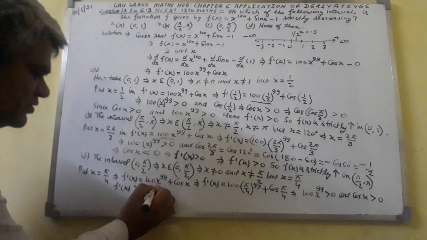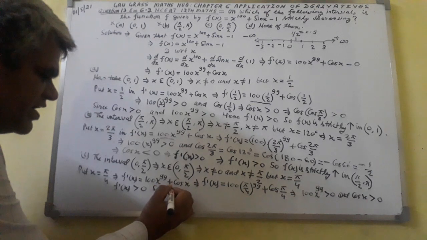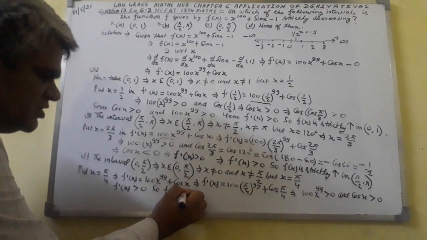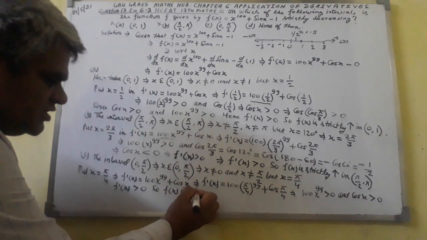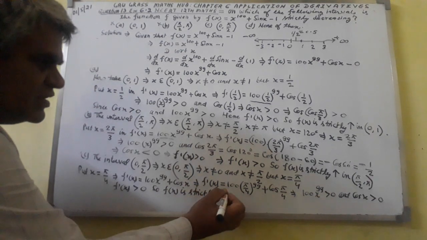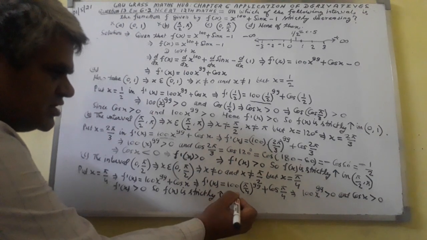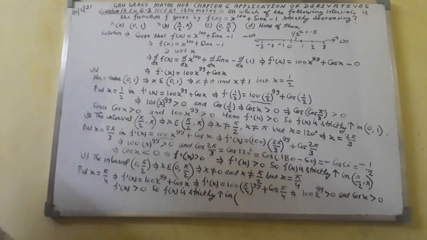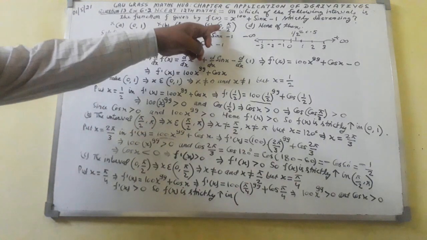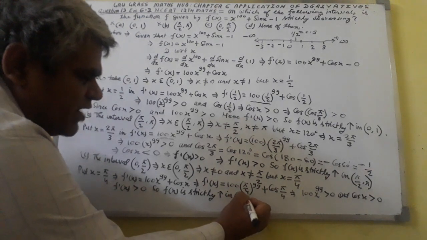So f of x is strictly increasing in open interval C, 0 comma pi by 2.